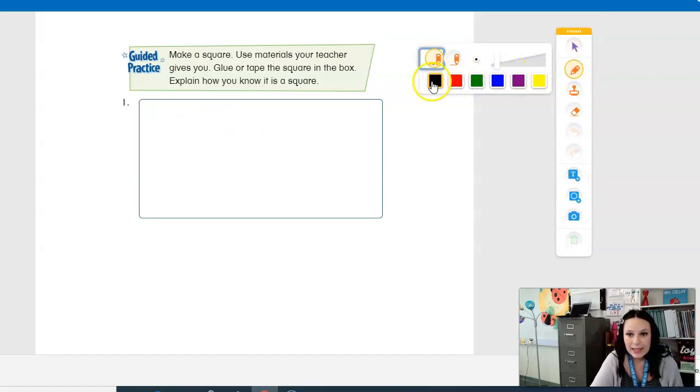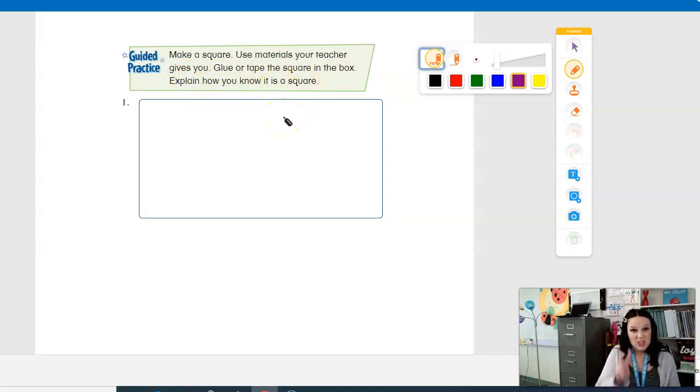So, like I said earlier, since we're not in class and not all of us have the materials, we're going to have to do some things a little bit different. So in our guided practice, which is on the same page, it says make a square. Use materials your teacher gives you. Glue or tape the square in the box and explain how you know it's a square.